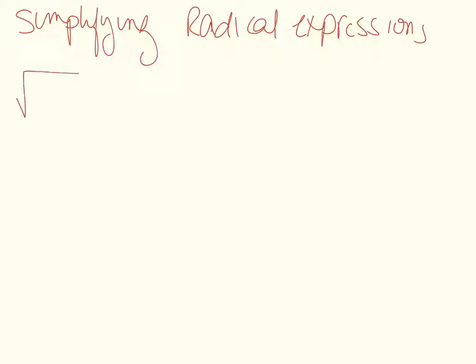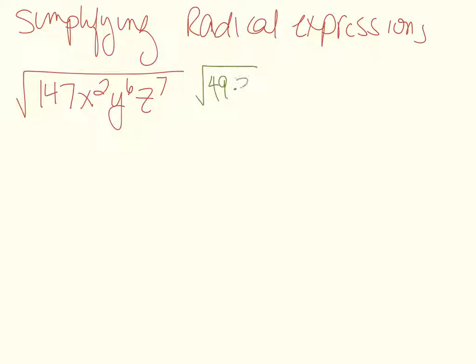I have the square root of 147, x squared, y to the 6th, z to the 7th. Whew. Okay, let's break that into pieces. Square root of 147, you start dividing by perfect squares, is actually 49 times 3.